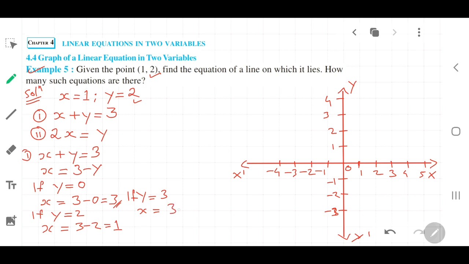X is equal to 3 minus y, and y we have taken as 3. So x will be equal to 0. So these are the different values of x and y you got here, correct? X and y.